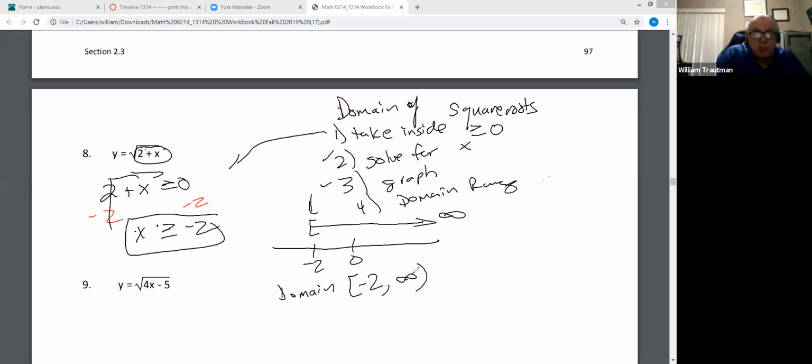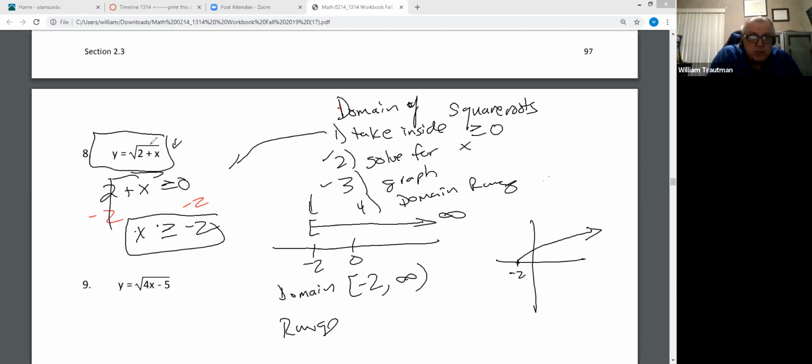Now, square root graphs, I'm going to show you what it looks like. There's -2 for this one. Square root graphs look like this. They go up and to the right. So the range, unless there's something outside here, the range for everything with a square root graph like this always starts at 0.